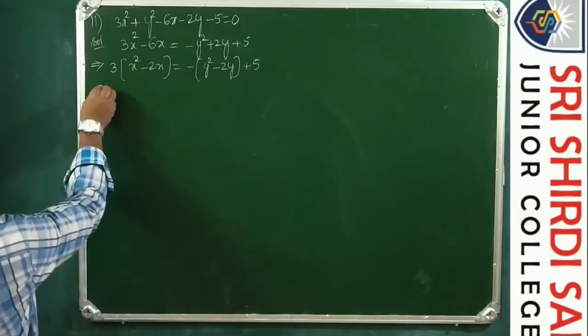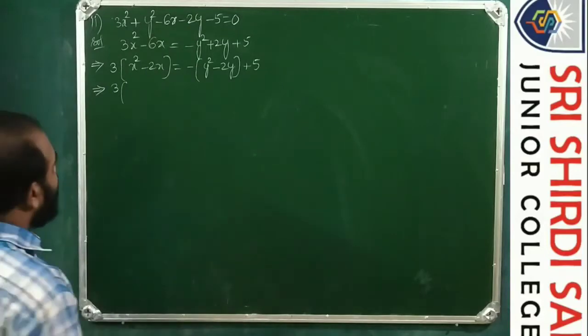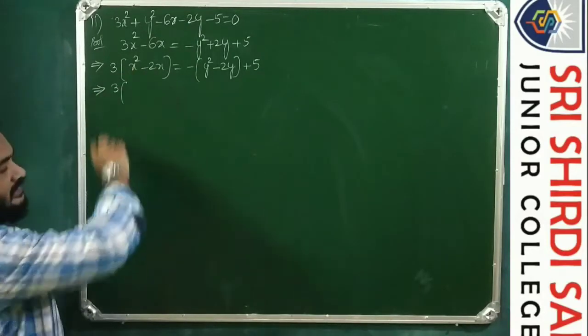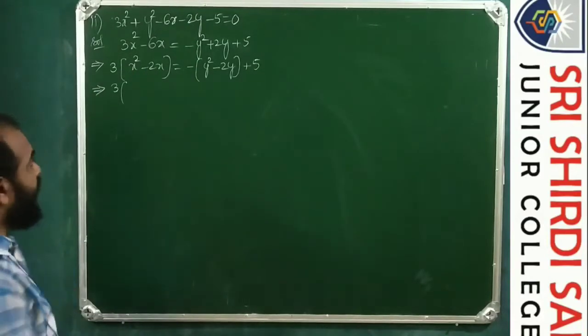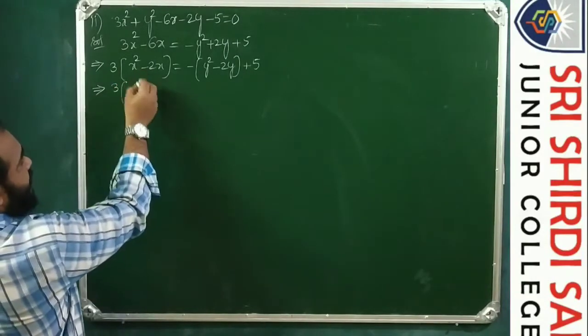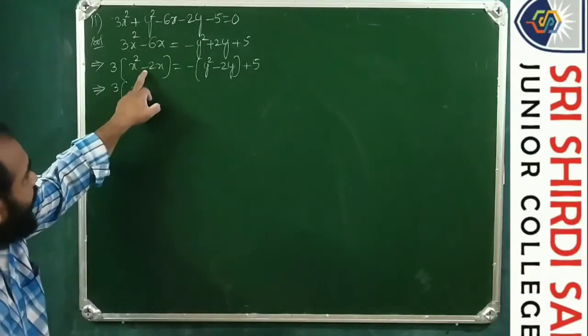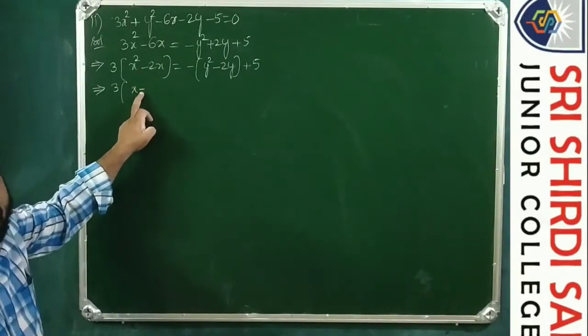Taking 3 in common, this is 3 into x square minus 2x. Let us try to express this as a minus b whole square. So x square, take x, the same minus you have to take into consideration. Had it been plus here, you have to take plus here.